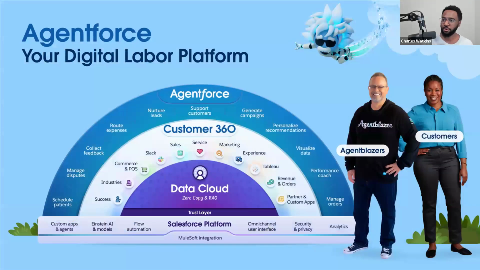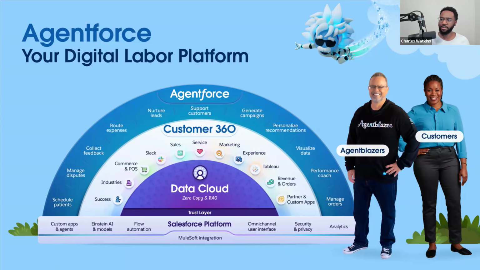Now, Agentforce, this is the Agentforce cake. I like to call it the Agentforce cake because Agentforce is very much like the icing on the cake. It's built on the foundation of the Salesforce platform, which has been built up over 2 decades at this point, right? And so Agentforce builds on top of the C360, all of the different clouds that we have as a functional layer. Data cloud is your data layer.